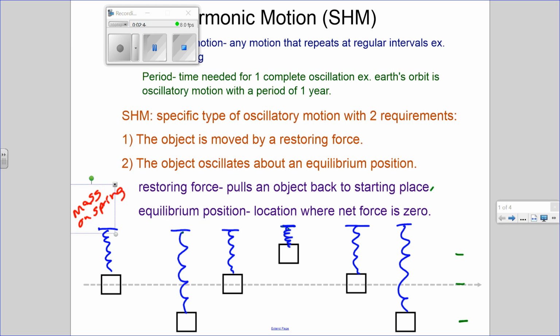So I have several scenarios of this mass on a spring, but here we go at position number 1. We have this mass hanging on a spring, and it's just hanging there. It hangs down to this dotted line, which is known as the equilibrium position. So this is the equilibrium position right here.